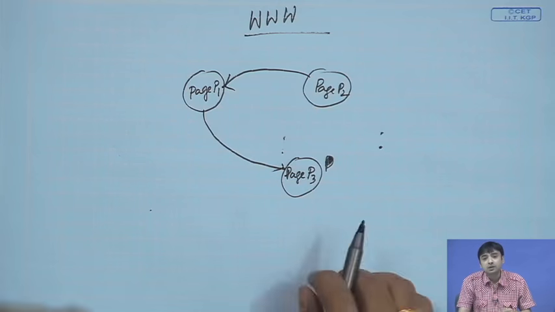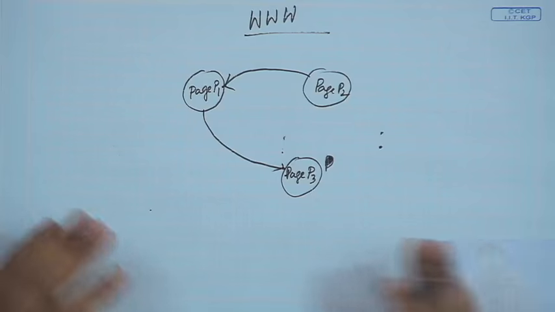Now, the question is, all of us have been using the Google search engine almost every day and multiple times a day. Probably many times a question has come across: when you search using a query term, Google returns you a bunch of web pages.